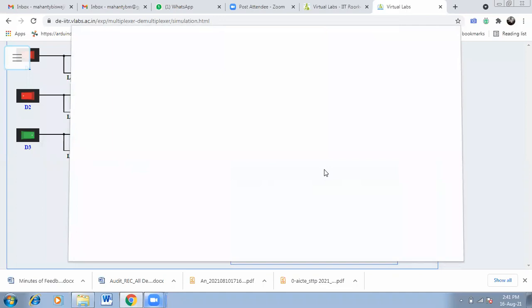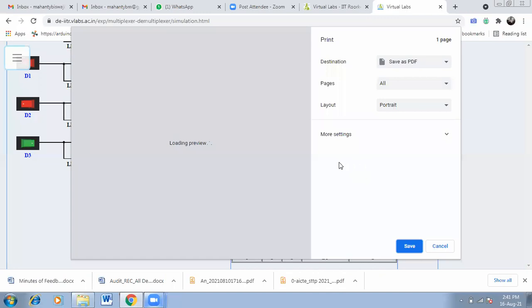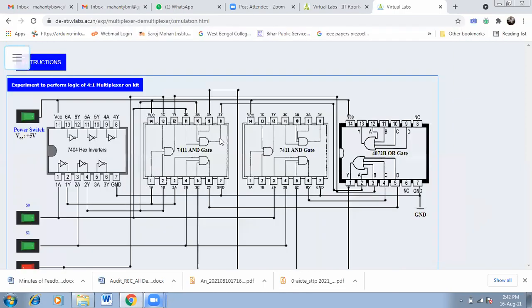Whenever you are writing your lab copy, you can use this PDF file also. As I am telling you about the lab file, you have to submit it within August. Within August you have to complete it, because anytime your examination date will be declared, so you must complete all these things.